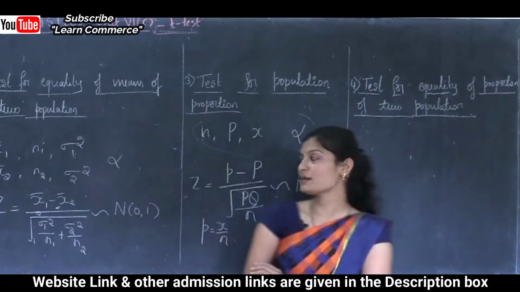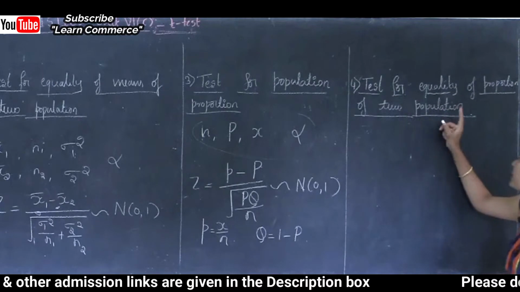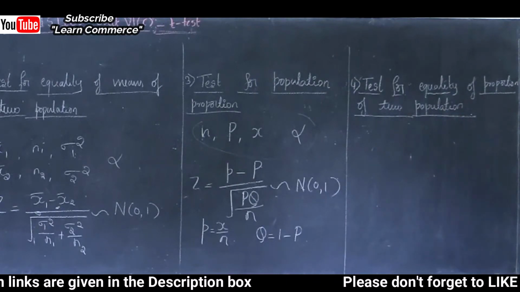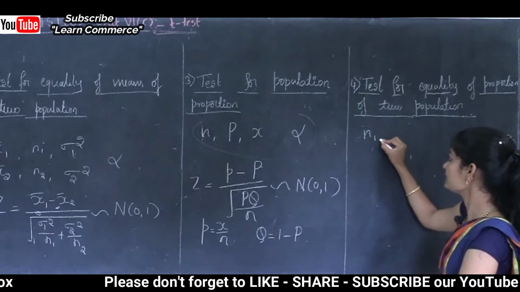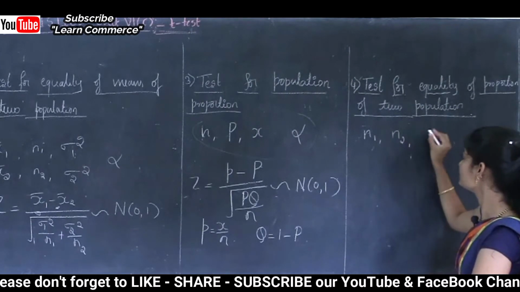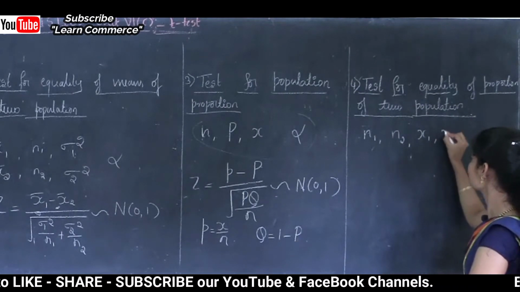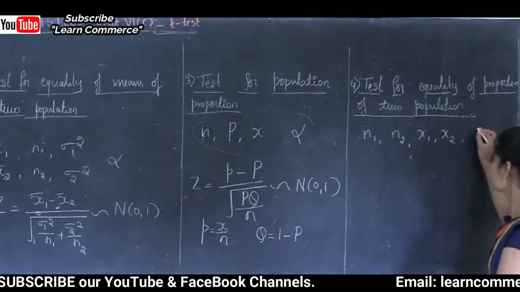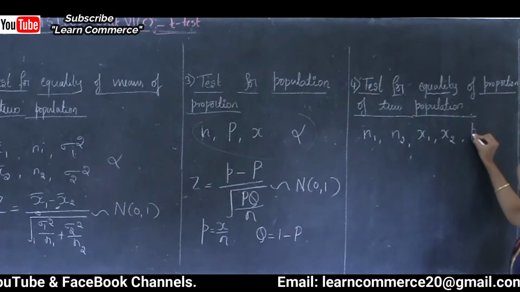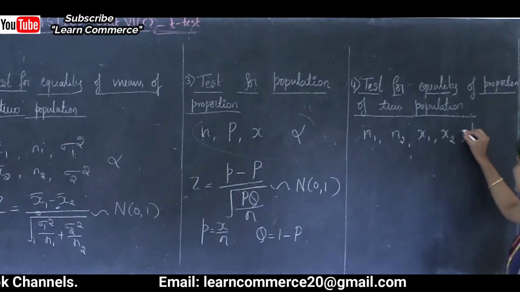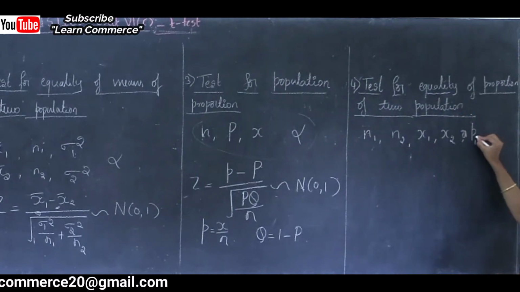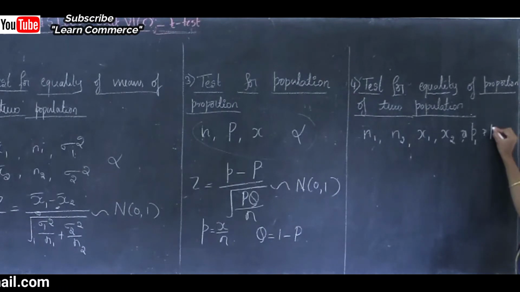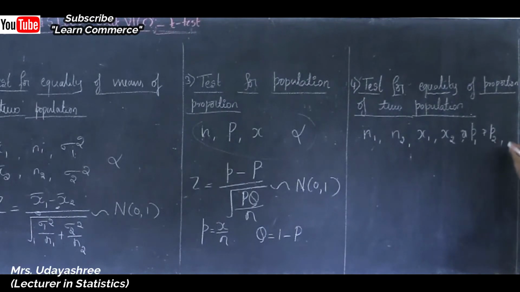Then the next application is test for equality of proportions of two populations. In this case, n1, n2, x1, x2 are given. In some cases they give x1 and x2 observations, in some cases they give small p1 and p2 observations, and alpha.